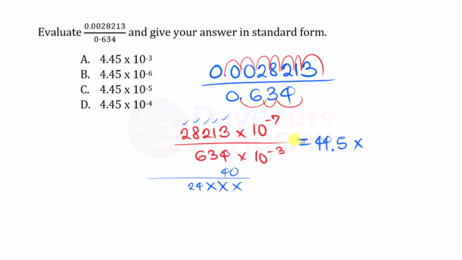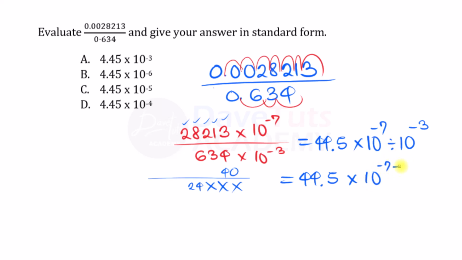44.5 times this as the numerator, 10 raised to power minus 7, divided by this at the denominator, 10 raised to power minus 3. And of course, if you look at this, that's going to give you 44.5 times 10 raised to power minus 7.